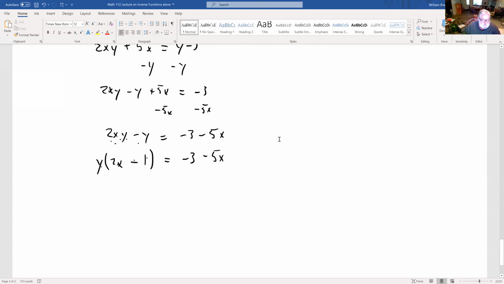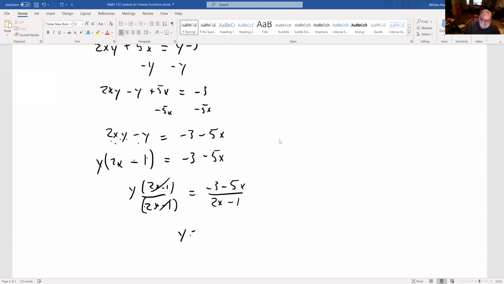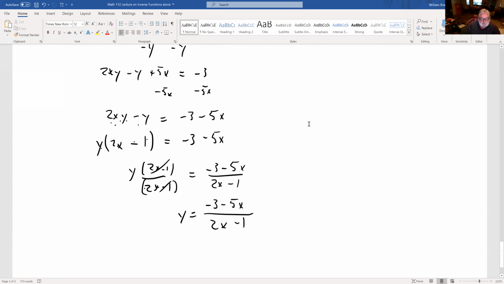And now I just divide both sides by 2x minus 1. These two cancel out, and so finally we're left with the formula y equals minus 3 minus 5x over 2x minus 1. And that's the inverse function.